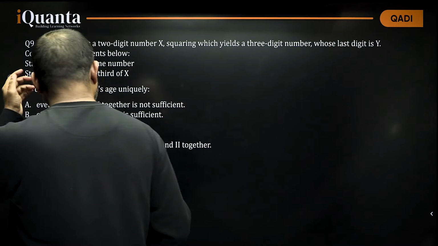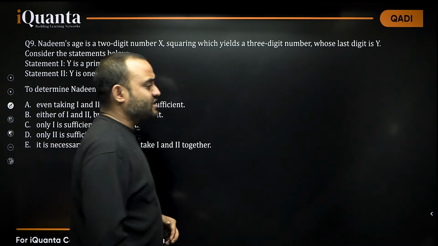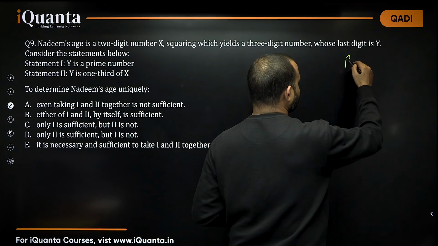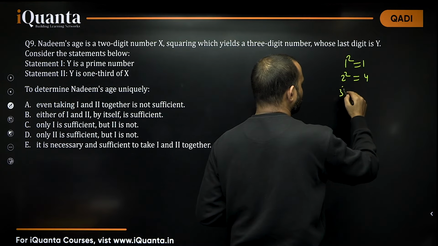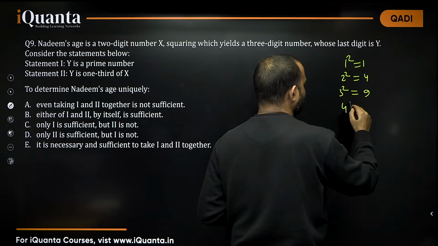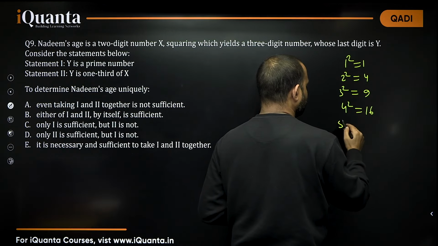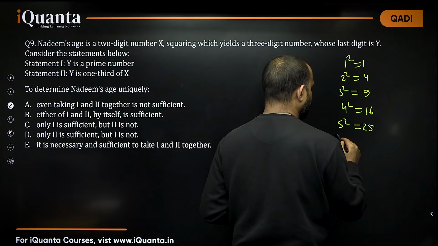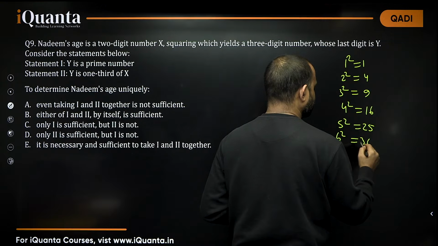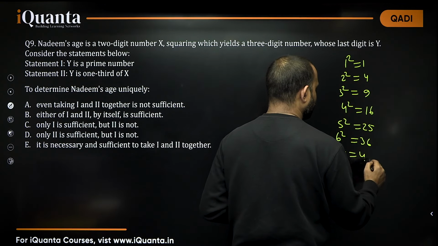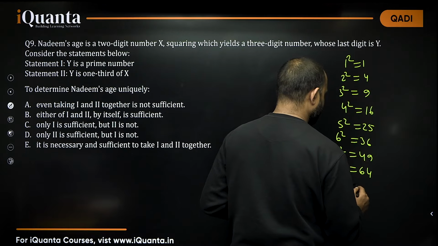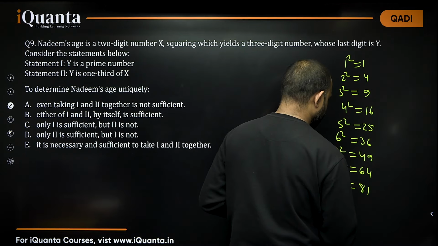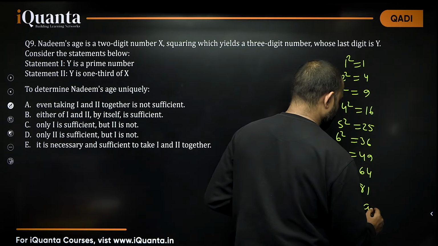Okay, so if we move forward, let's try to understand something about the unit digit of a square. 1 square is 1, 2 square is 4, 3 square is 9, 4 square is 16, 5 square is 25, 6 square is 36, 7 square is 49, 8 square is 64, 9 square is 81 and 10 square is 100.